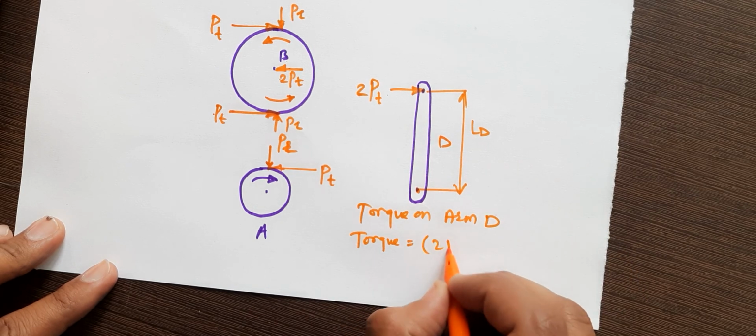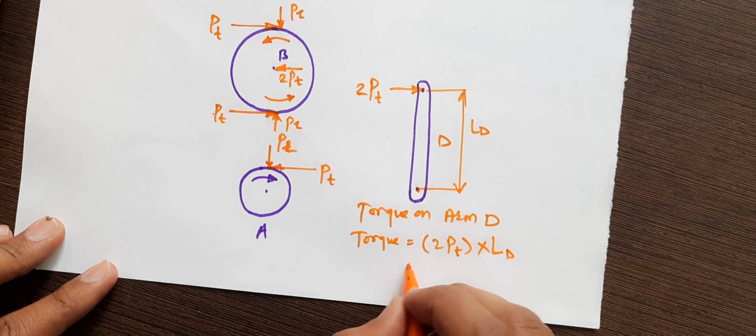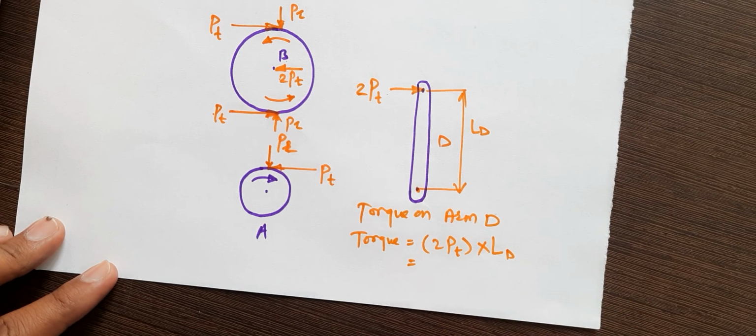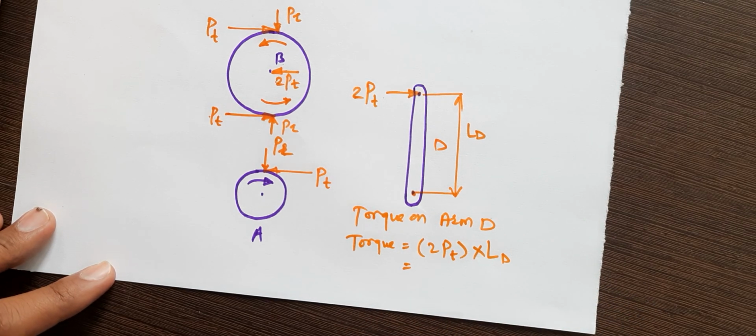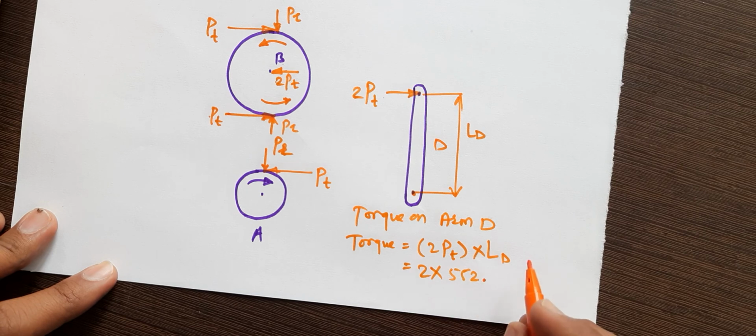Force is 2 times PT, and the perpendicular distance is LD. So PT is 2 times 552.62 and LD we have calculated as 180.